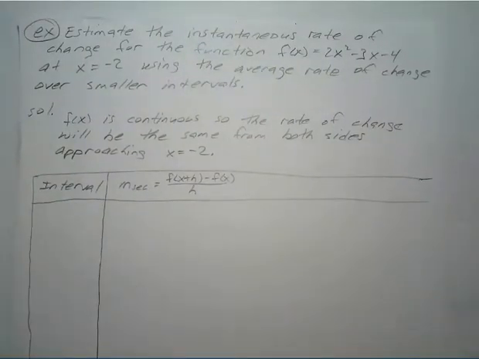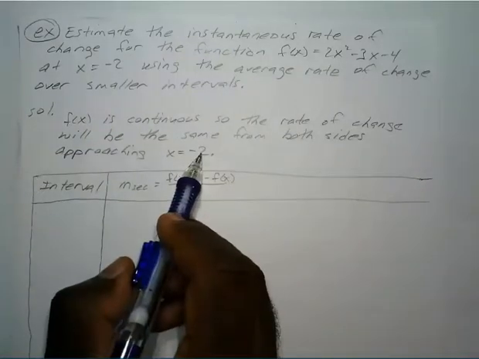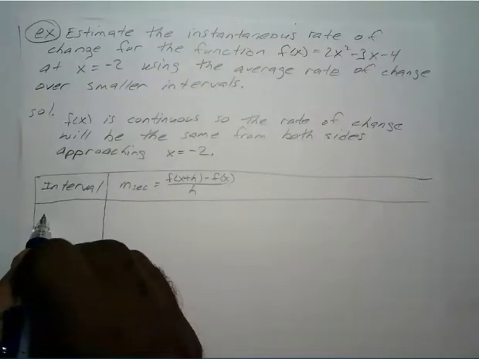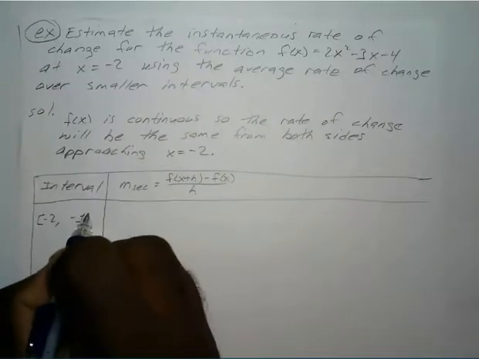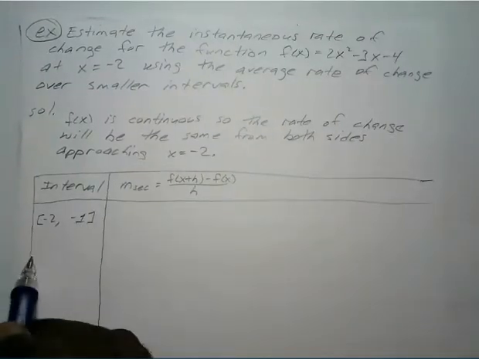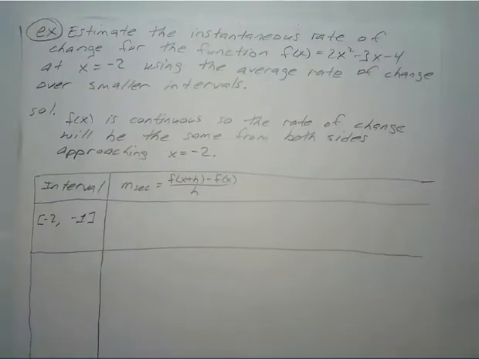Alright, so what intervals are we going to use? Well, we're approaching -2. So we're just going to get closer and closer. So we'll go from -2 to -1. Okay, we're just going to do this a couple of times.